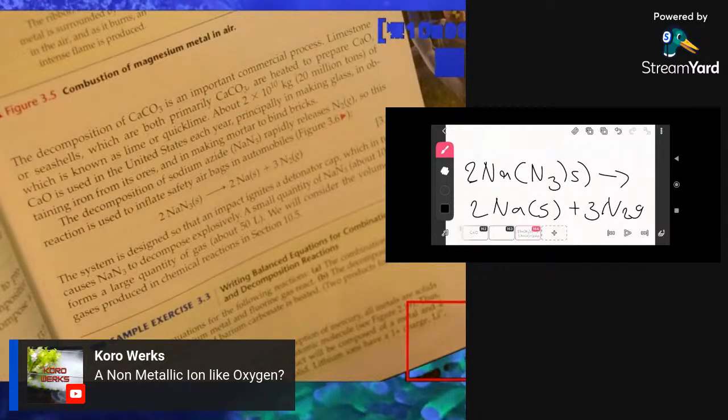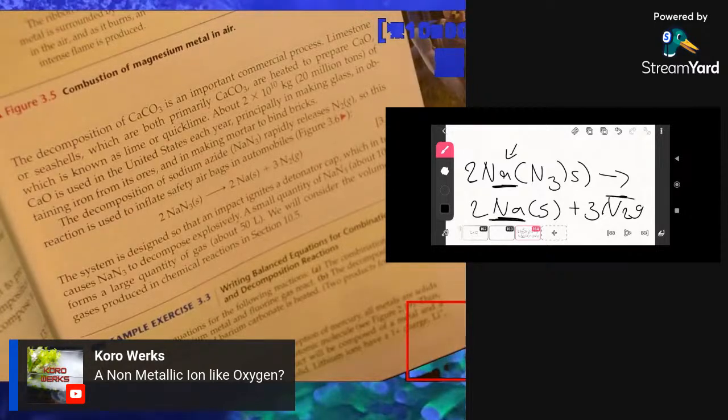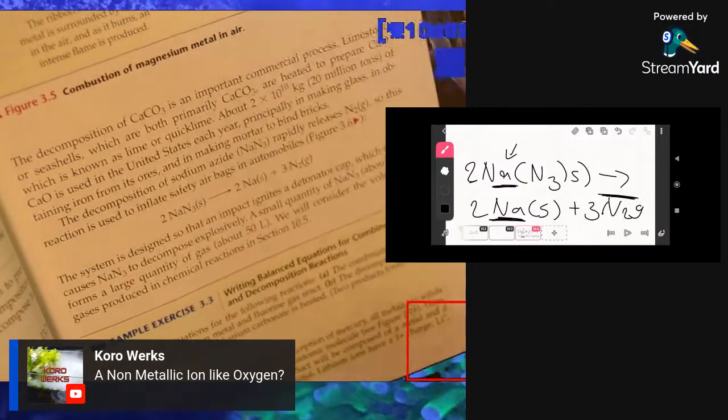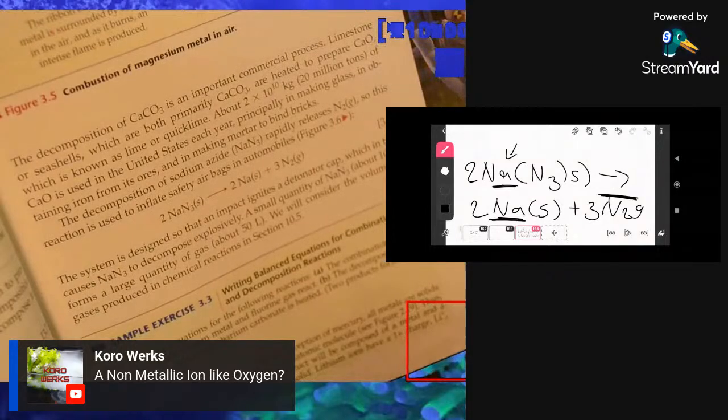So you have sodium azide, which is right here. It produces metal sodium plus nitrogen gas. Okay, and nitrogen gas doesn't bond with anything else really.